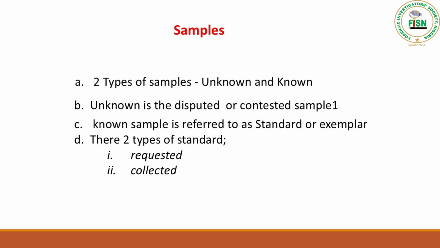But on the other hand, the collected sample is the sample that we get when we go to the archive to retrieve the one that he has made, if the alleged writer is no more available, probably is dead. For example, if the document on which the questioned fingerprint appears is a will.